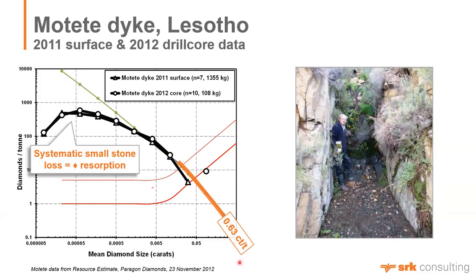You would only be aware of that potential for this dike if you knew about these benchmark curves. And if you use that benchmark curve, your interpretation of this part of the data set would be that there's a systematic loss in the small stone size fraction, which is equivalent to diamonds being resorbed.